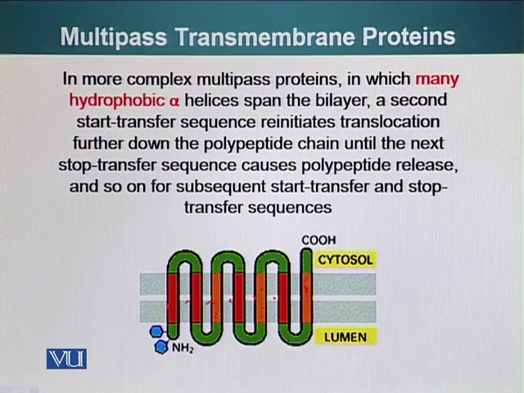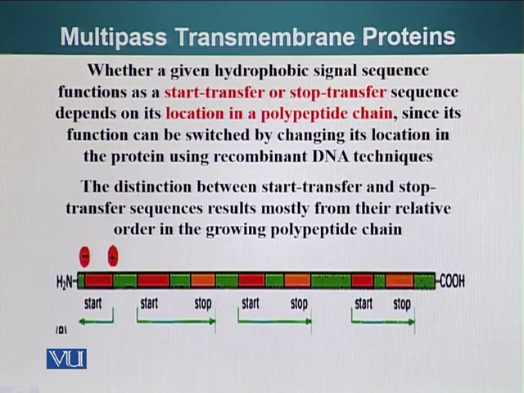The orientation in this case depends on whether a sequence is going to serve as a start transfer sequence or a stop transfer sequence, which depends upon the location of that particular stretch. Here, for example, the first stretch of hydrophobic amino acids is going to serve as a start transfer sequence. The subsequent stretch of hydrophobic alpha helices is going to serve as a stop transfer sequence.